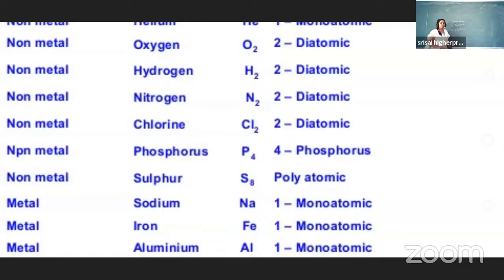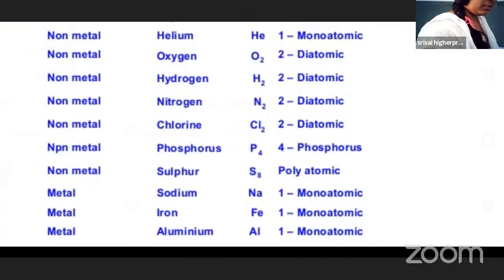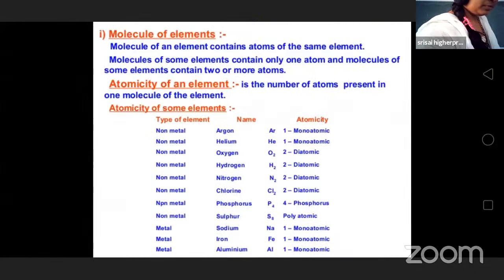Wherever a single atom is present in the element, we say monoatomic. If two are there, diatomic. This is the molecules of the elements.